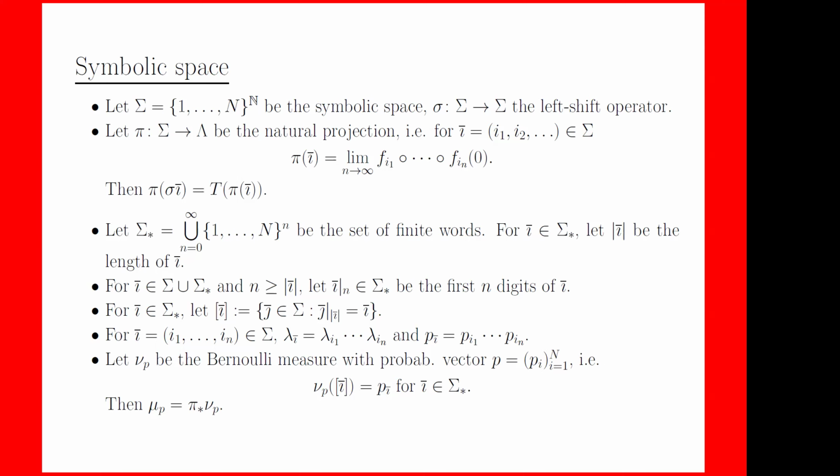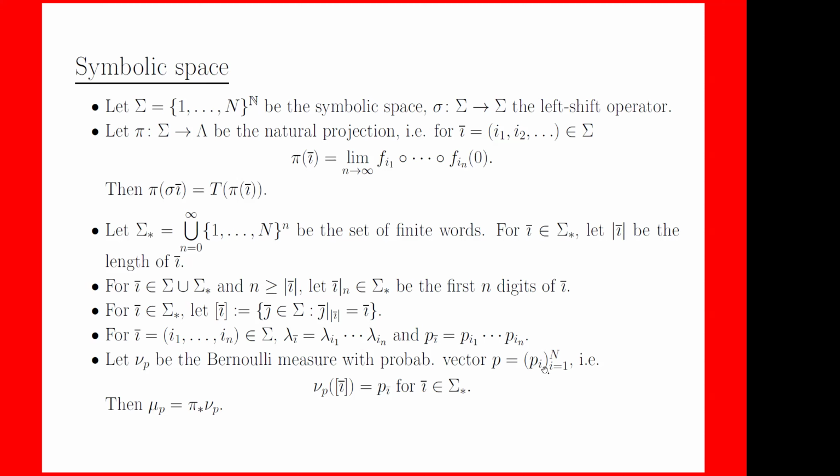If you define a Bernoulli measure on this symbolic space, which means that nu_p is a Bernoulli measure corresponding to this probability vector, if you choose the measure of the cylinders as p_I, this basically means that you choose the symbols independently and identically at each position in your infinite sequence.